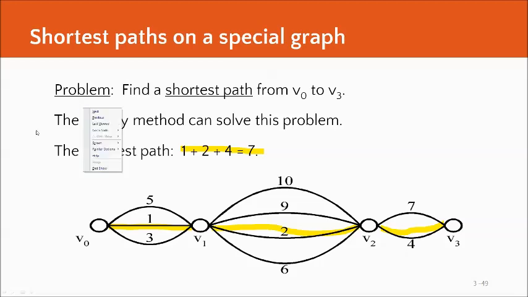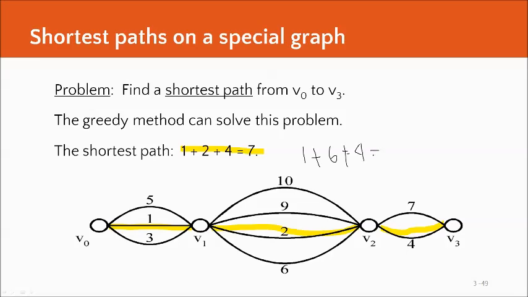Because if I select, for example, 1 from vertex 0 to vertex 1, I will have 1. Next, from vertex 1, I will select 6 to vertex 2. So I have 6 here. And then from vertex 2 to 3, I will select 4.